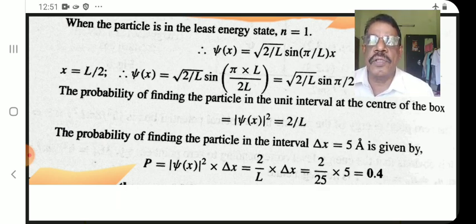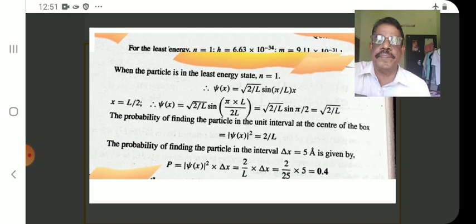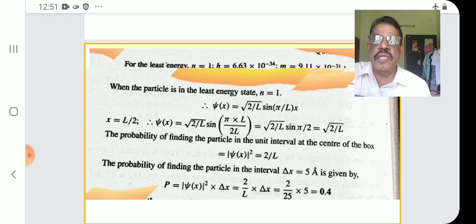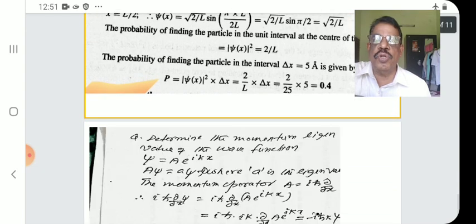So 2 by L into delta x is 2 by 25, since the length of the box is 25, into 5. That is 0.4. That is probability density. It has no specific unit.